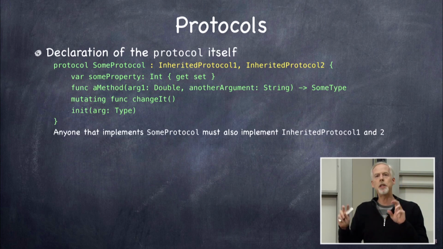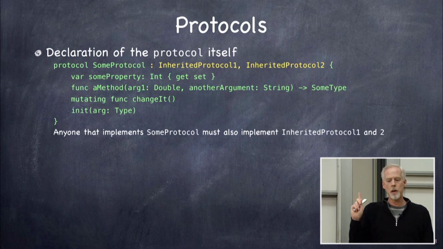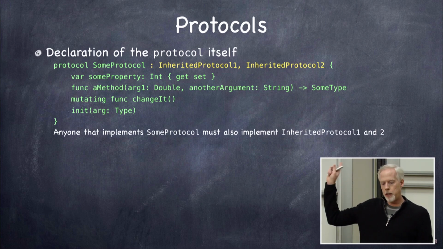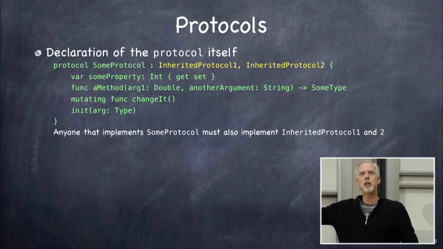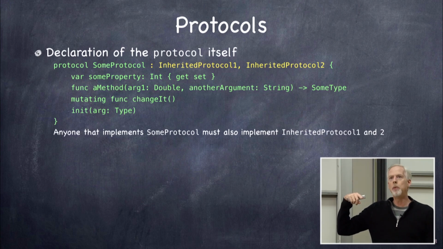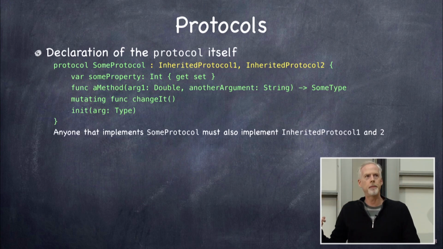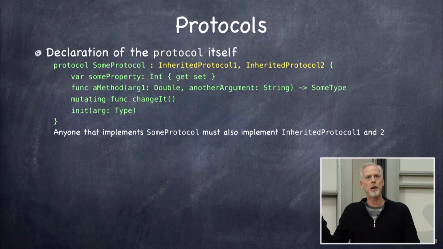Inheritance in the protocol world means if you want to claim to implement SomeProtocol, you also have to implement InheritedProtocol1 and InheritedProtocol2. So it's almost like mandatory additional protocols you must implement if you want to say you implement this protocol. We call that protocol inheritance. We call it that because SomeProtocol inherits the requirement to implement these other protocols.